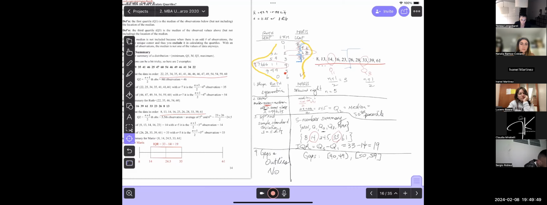Even though there's no data here, you have to show the number line and that there's gaps, because that indicates that you have something strange. It's away from everything else. That's an outlier. Then you have to test it. You have to test to see if it's actually a statistical outlier. And I showed you how to do that last class, and it's in the notes.